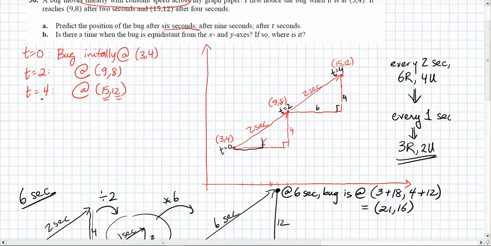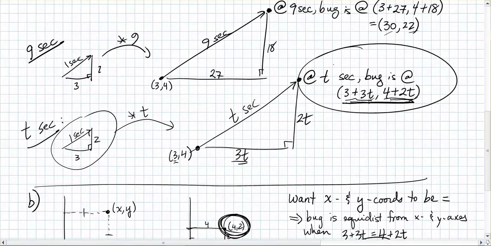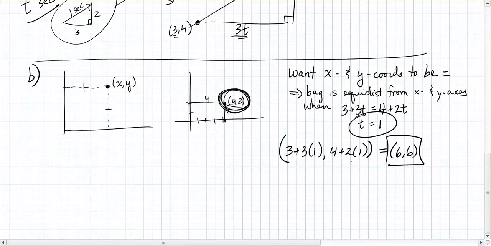If you actually just go over 3, up 2, which probably a lot of you did, you realize that point is 6, 6. But in a problem where that doesn't occur so naturally, this is the method you want to come up with. Where's the bug at any time? And then set up that any time so that the x's and y's are equal to each other to find that equidistant from the axes point.